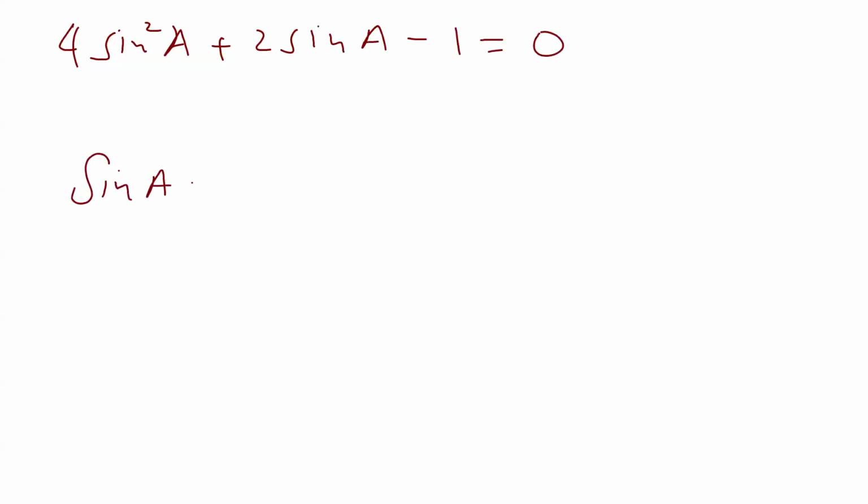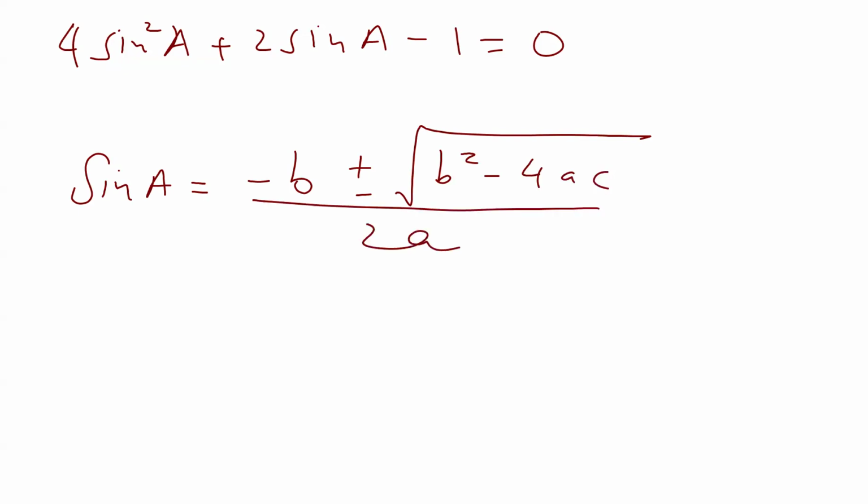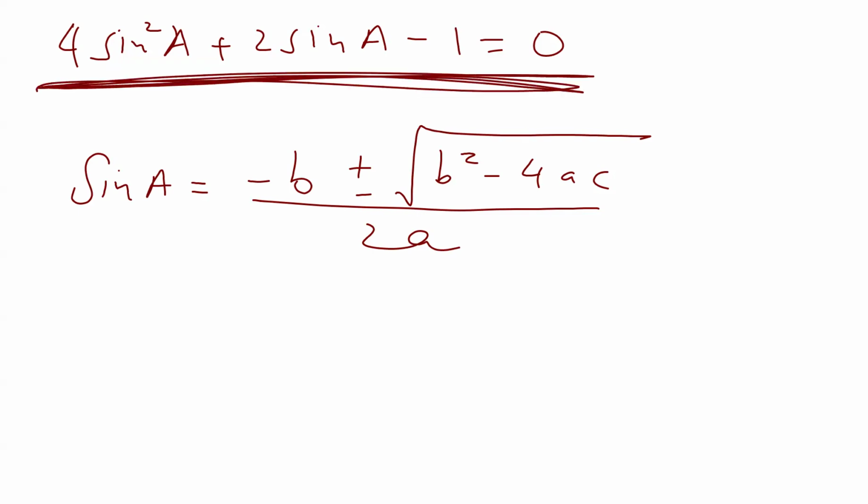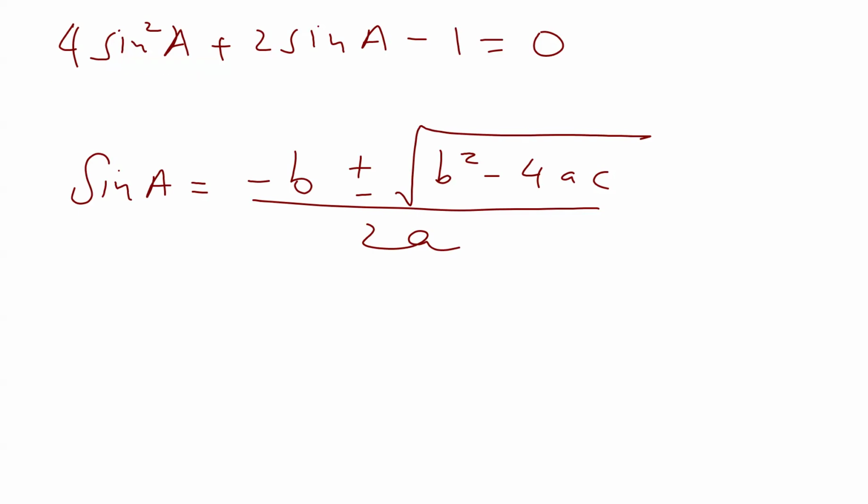So what is sin A? Minus B plus or minus root of B square minus 4AC upon 2A. Formula method, because we cannot factorize this. Can we factorize this? No. Using the splitting method, we cannot factorize.